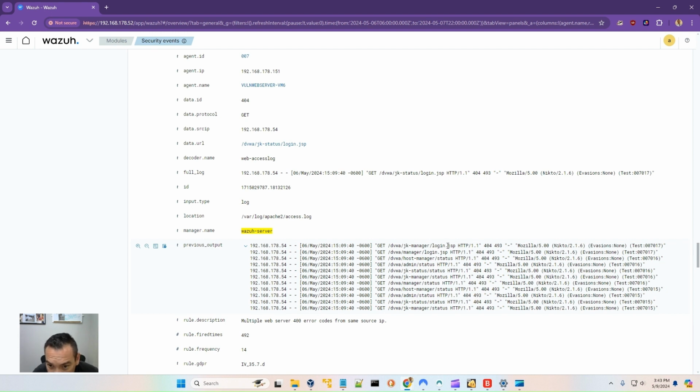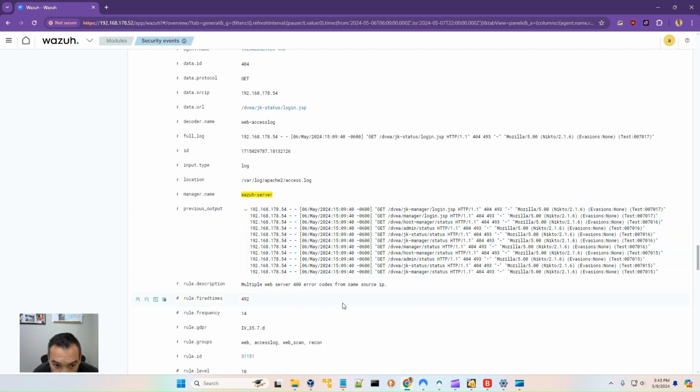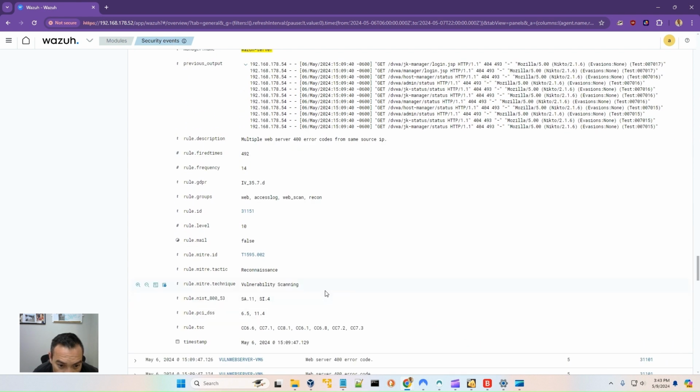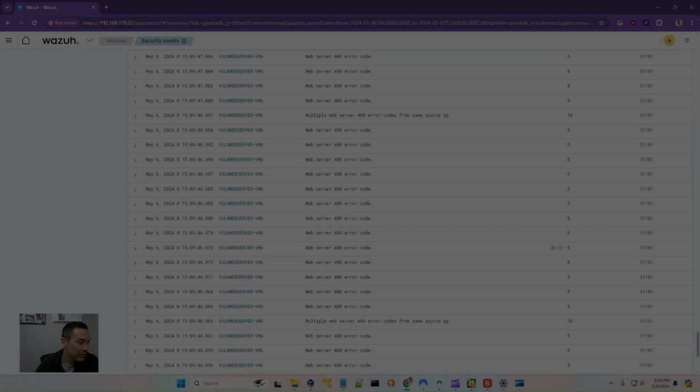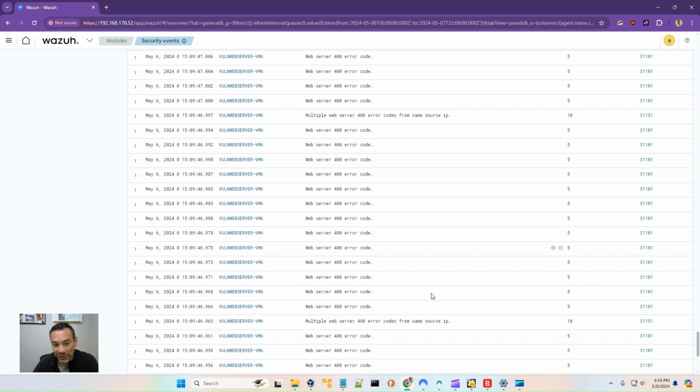And look, it's login, JSP, status. Now, why would someone request that same thing over and over again? Obviously, vulnerability scanning, so some reconnaissance. So maybe that's why we got some of those different URLs they were accessing, to figure things out. Again, it looks like we have a web attack going on against this web server.